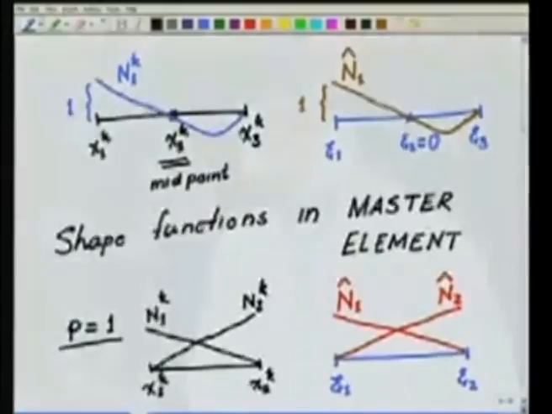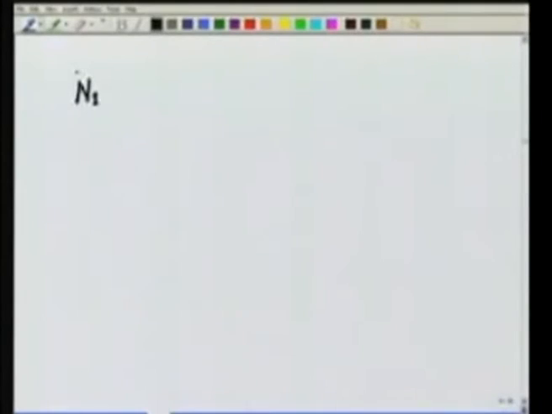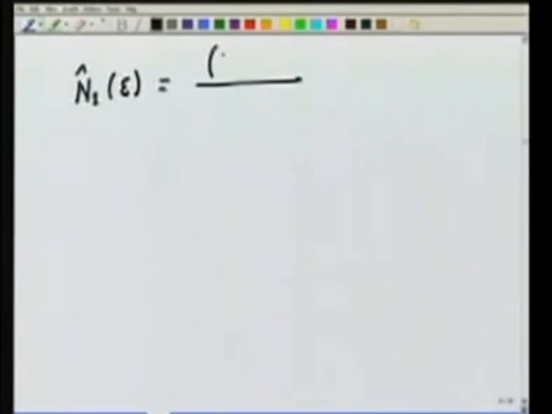Can we now give what is this function N1 hat as a function of psi? What is it equal to? It is very easy. We will follow the same principle that we followed in the physical element, that is, we will use the definition of the Lagrange polynomials that we had given in the physical element. Now that definition will be applied to the master element. So here obviously we are going to say that it is a linear which has to vanish at the point psi 2, and it should have a value 1 at the point psi 1. So psi minus psi 2 over psi 1 minus psi 2.